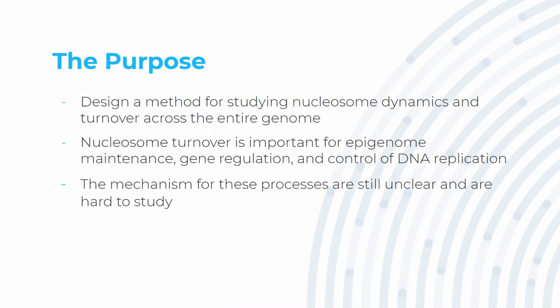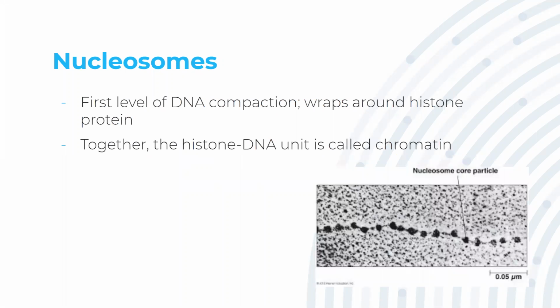This has been studied a couple of times before, or at least attempted, but the mechanisms for these dynamic processes are still not clear, because they're pretty hard to study. So the goal of their research was to see if they could determine an easier technique for measuring the kinetics of nucleosome turnover.